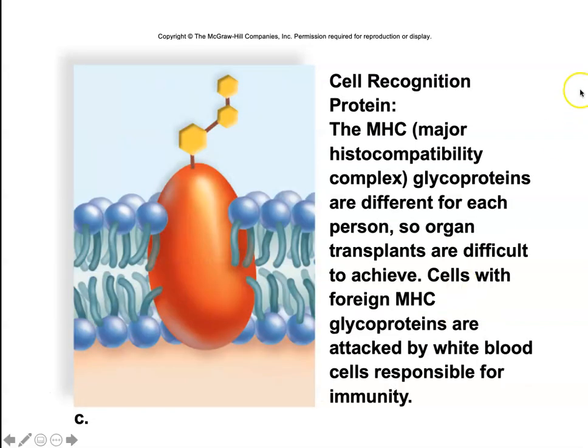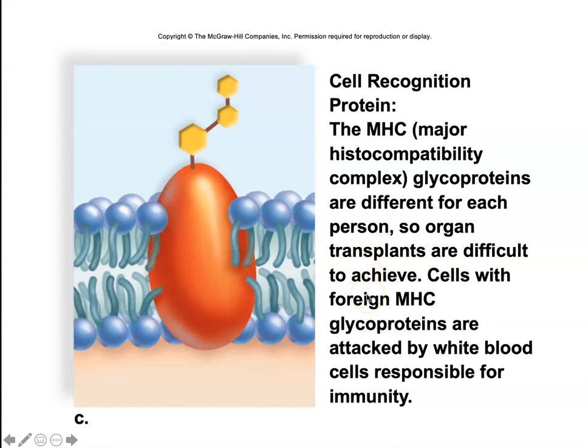All right. Cell recognition protein. We mentioned glycoproteins. This is an example of cells being able to recognize, or these serving as identifiers to a cell. There's something called the MHC, the major histocompatibility complex, and these are different for each person.